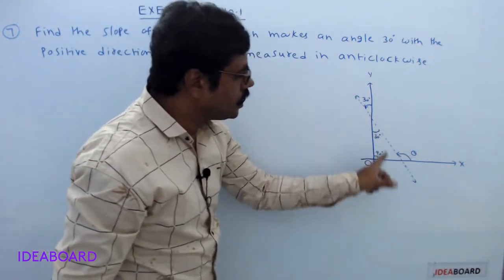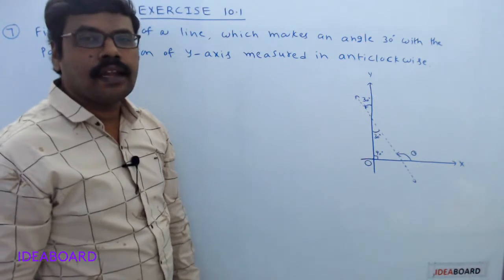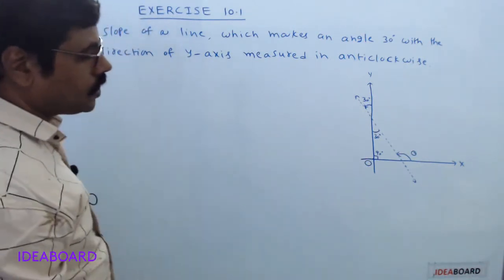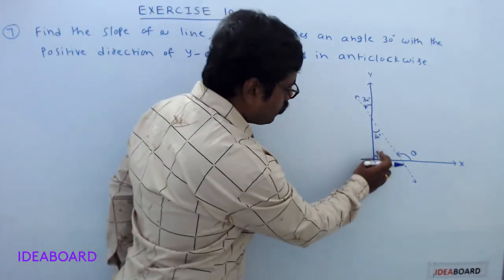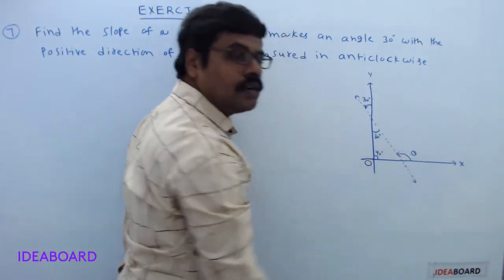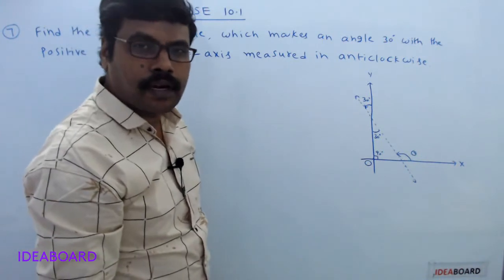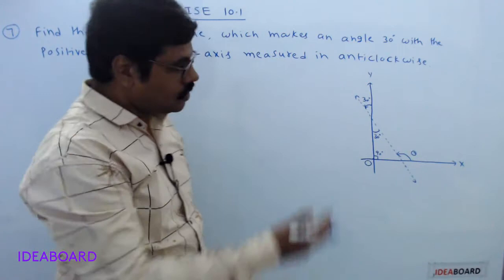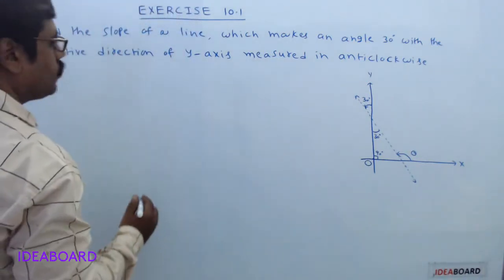If theta is the inclination of a line, then tan theta is called slope of the line. Now from the diagram, sum of two interior angles is equals to exterior angle. What is the property? Sum of two interior angles is equals to exterior angle. Use that property.